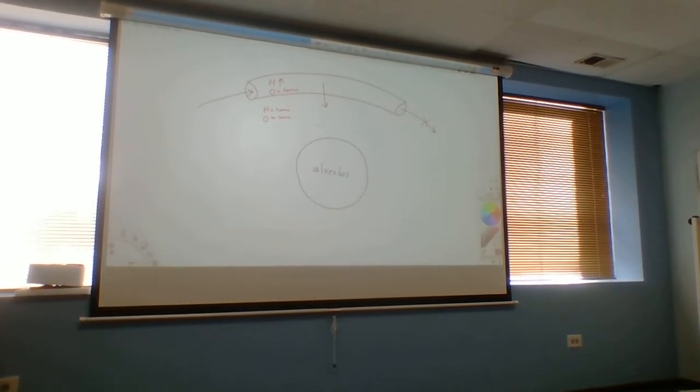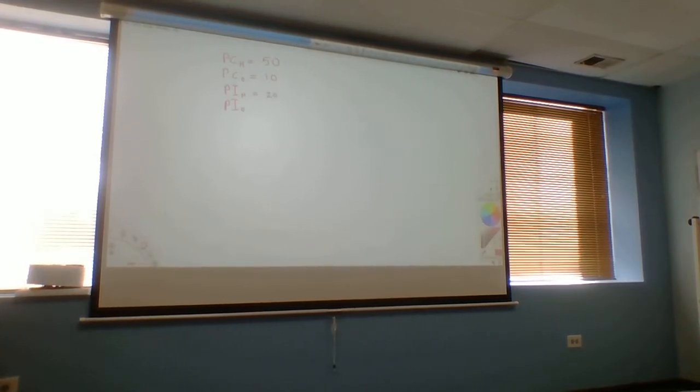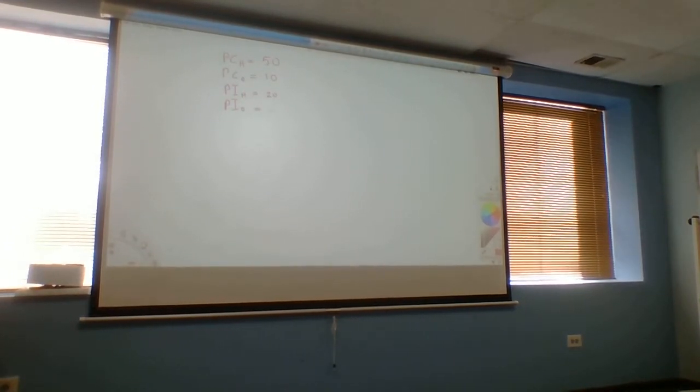Let me give you a case scenario. You tell me what happens. So, pulmonary capillary hydrostatic pressure is, let's say, 50. Pulmonary capillary oncotic pressure is 10. And then pulmonary interstitial hydrostatic pressure is, let's say, 20, and pulmonary interstitial oncotic pressure is, let's say, 5.